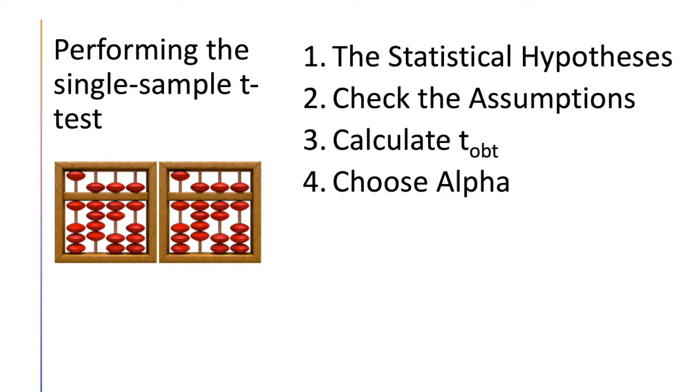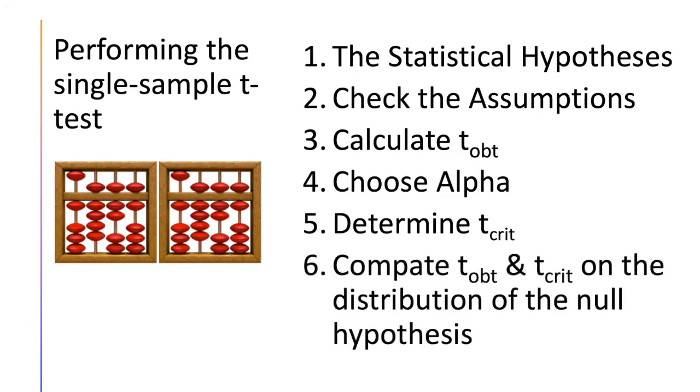We're going to choose our alpha rate, which is going to be our proportion of the probability of a type 1 error. It's also going to tell us how probable is too improbable to belong on the distribution of the null. We're going to calculate the t-critical, which will serve as our region of rejection's border. And then we compare that obtained value to that critical value on the distribution of the null and decide whether our null hypothesis is supported or not. Okay, let's talk about each of these in a little bit more detail.